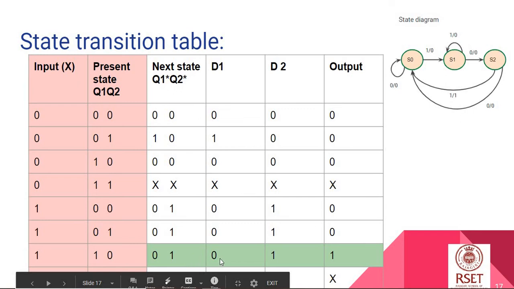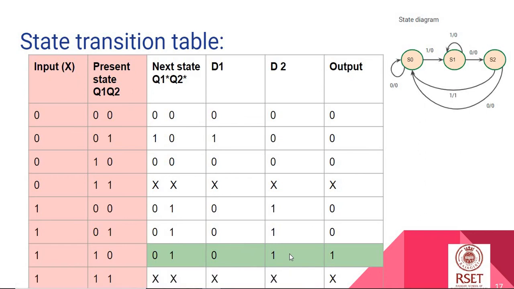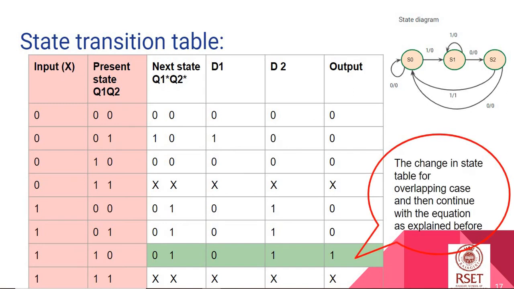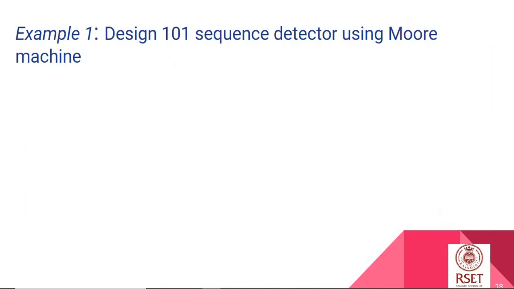So correspondingly, it changes for our output and the values for D1 and D2. This is the only change we have in the state table for the overlapping case, and then we continue as explained before for the state equation and the logic circuit.